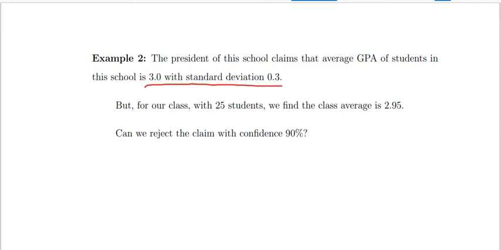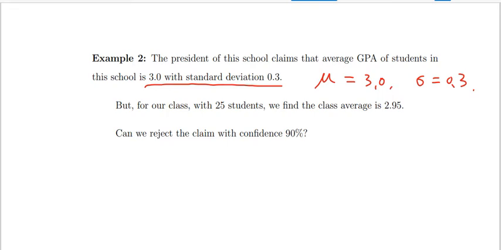So this president claims mu is 3.0 and sigma equals 0.3. So this is his claim. He claims he knows us.